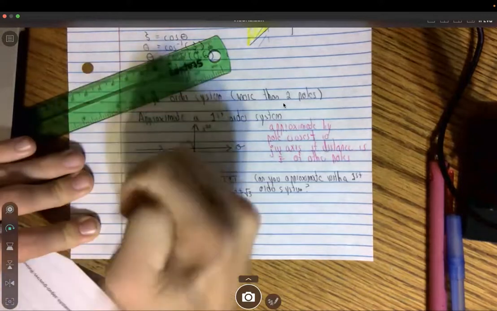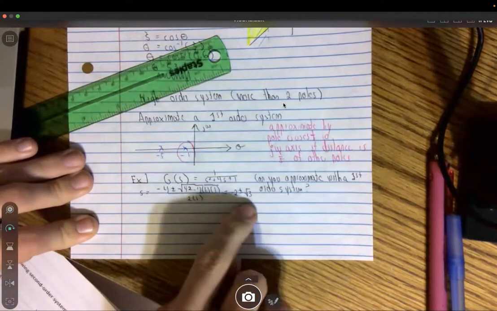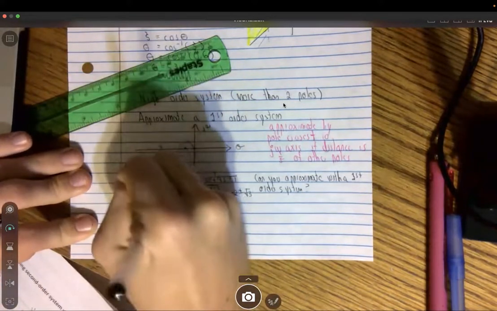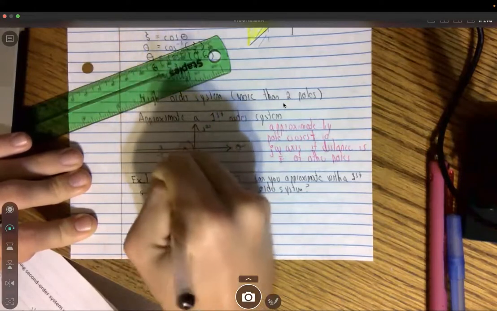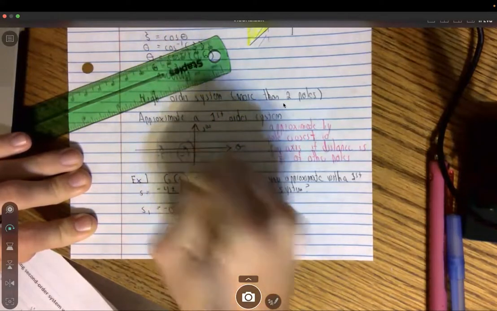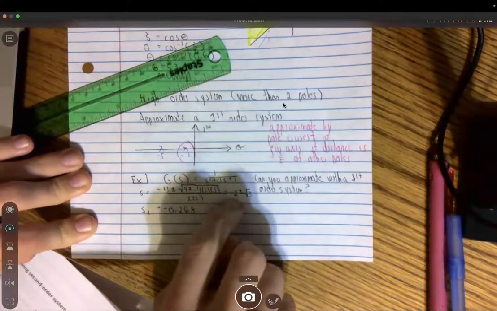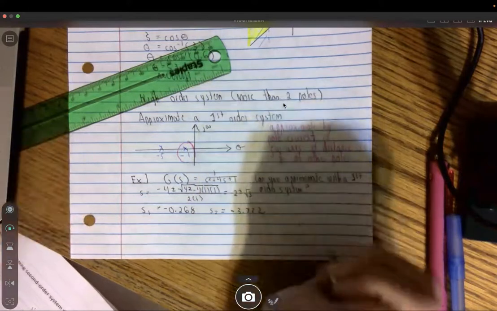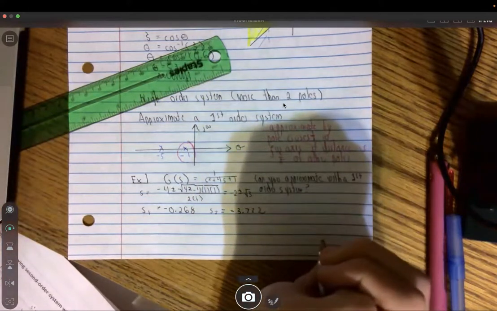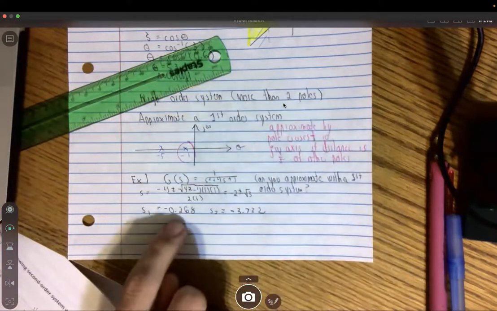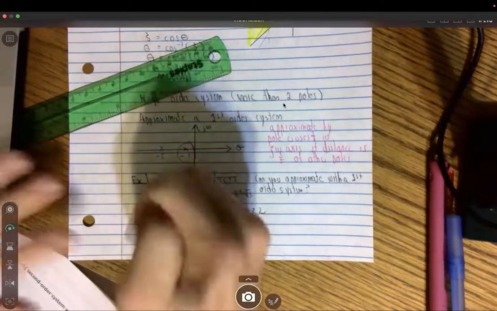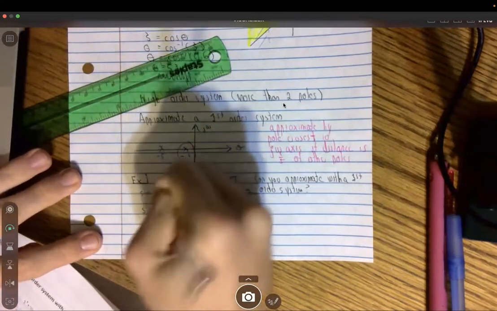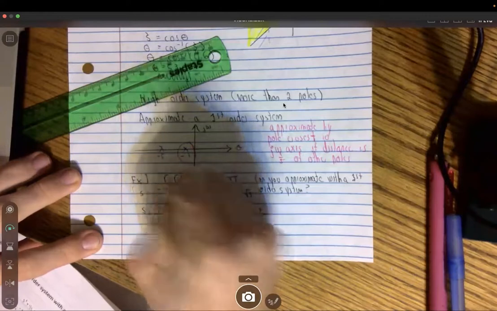And so when you solve for -2 plus root 3, you're going to get -0.268. When you solve for the second pole, -2 minus root 3, you're going to get -3.732. What we're going to see here is, is this distance 1/5 of this distance? We'll do S1 divided by S2. Is that going to be greater than 5?